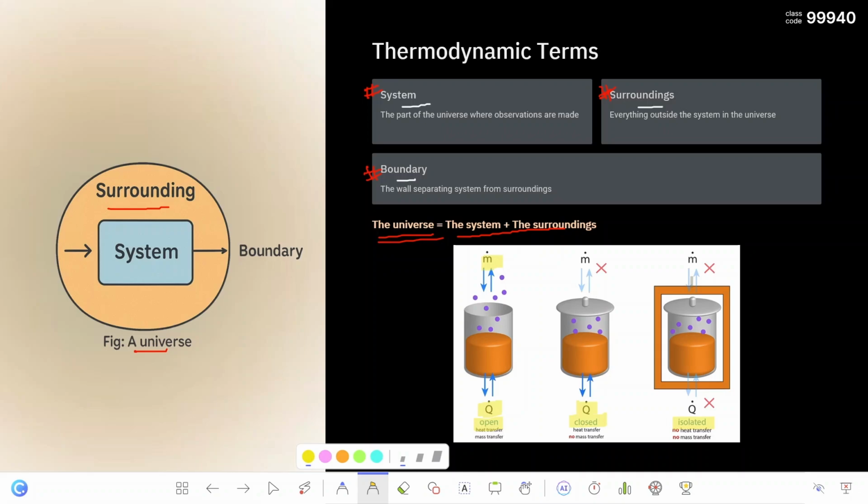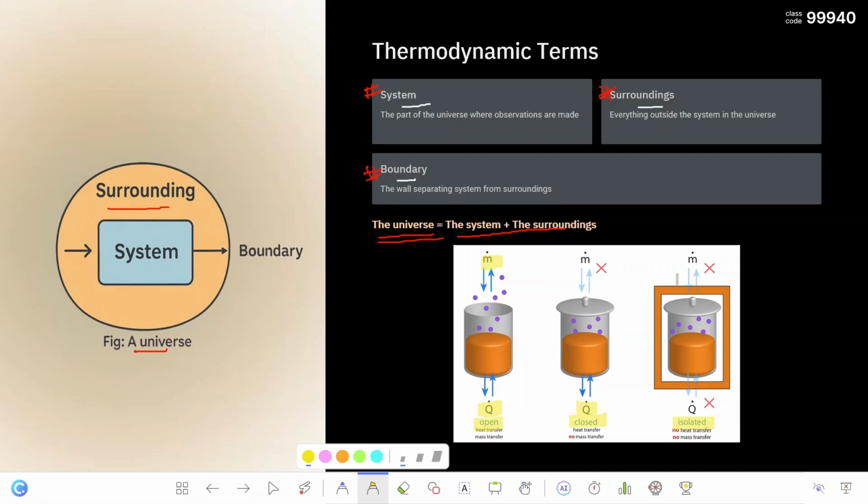Suppose a cup of tea has been taken and it is open, after some time it can undergo mass transfer and heat transfer also. Suppose it is closed, then mass transfer won't happen while heat transfer will happen. And suppose we are taking that tea in a thermos flask, in that case what will happen? No mass transfer, no heat transfer. Such systems are called isolated systems. So these are the three kinds of system.